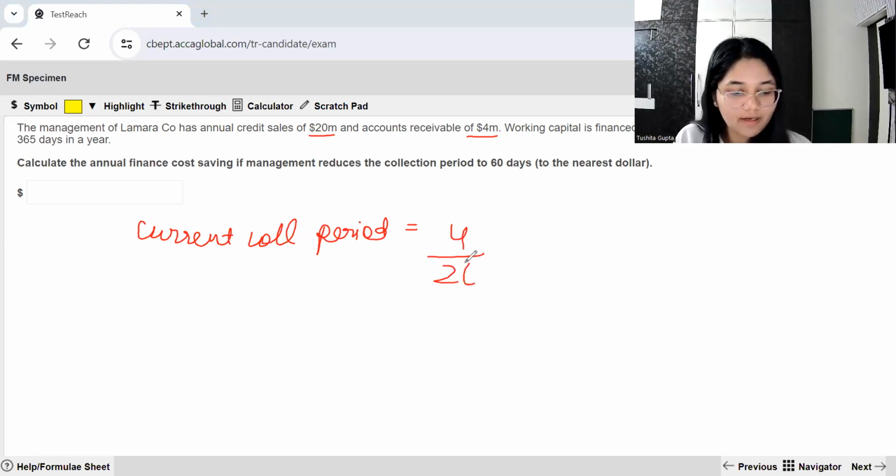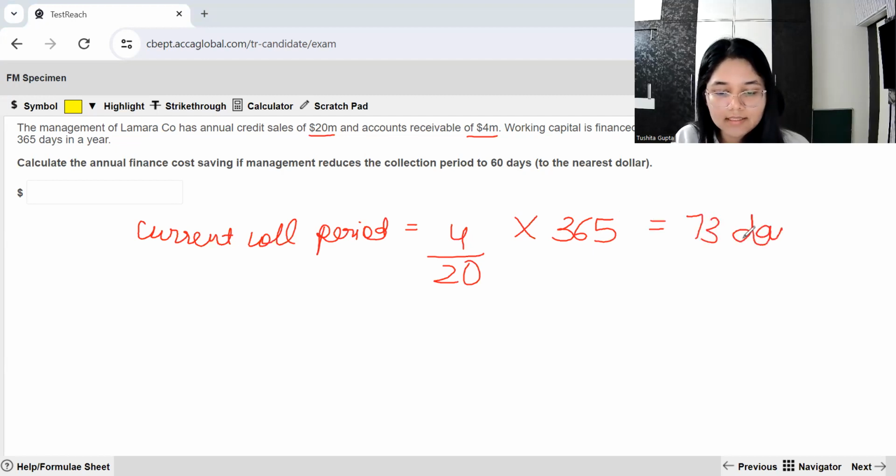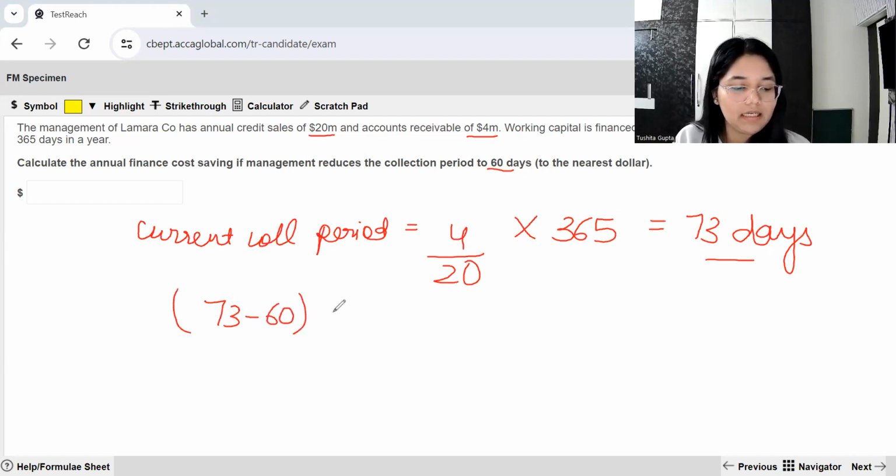So 4 by 20, and if I multiply that by 365 days, I will have the number of days in my current collection period, which comes out to be 73 days. Now 73 days is my current collection period, and I'm thinking to reduce this to 60. So the difference is 13 days. So my collection period is going to reduce by 13 days.